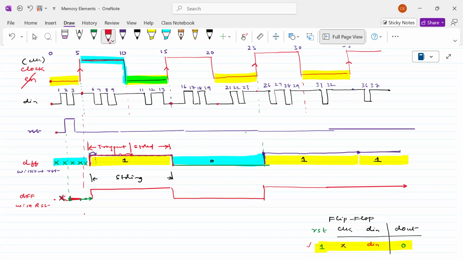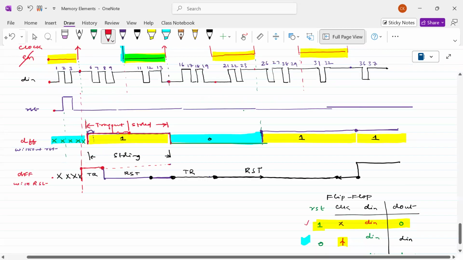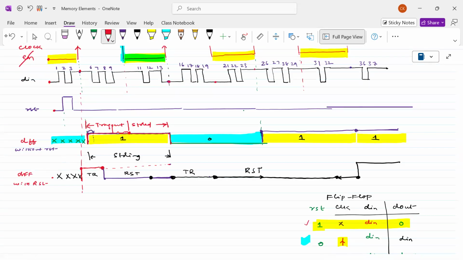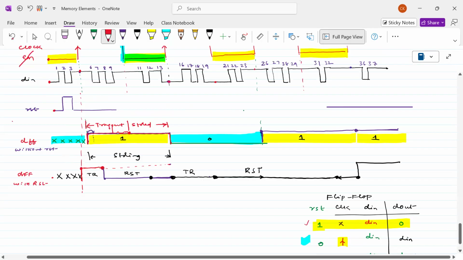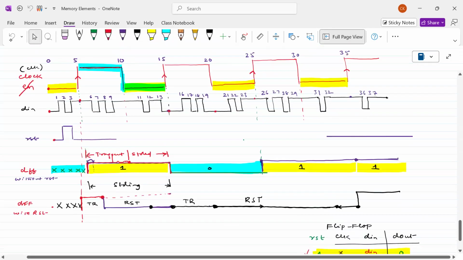So this is what you have to remember. Just one thing is required here, where the waveform that I have written.